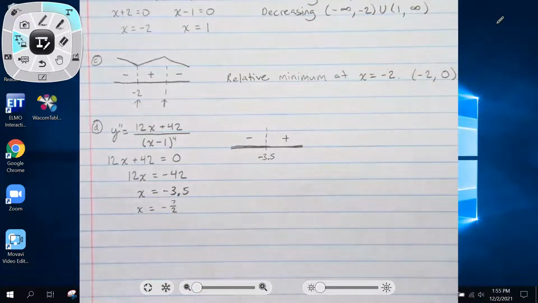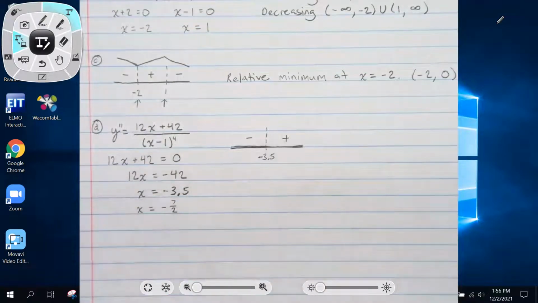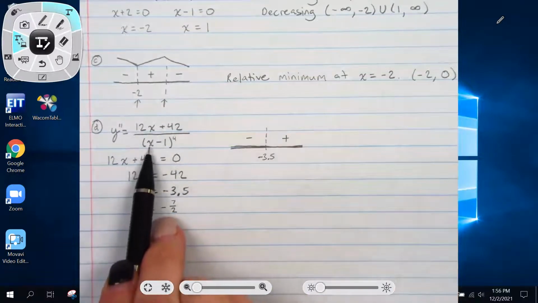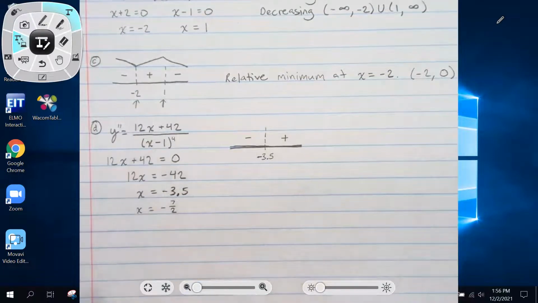Sometimes it's important to look at when the denominator is 0 as well. So if we look at where the denominator would be 0, that would be when x is 1, which again, we have a vertical asymptote there. I'm really not sure exactly.